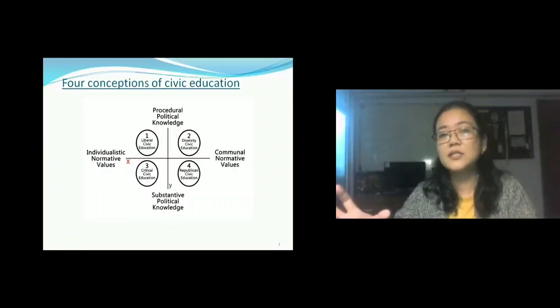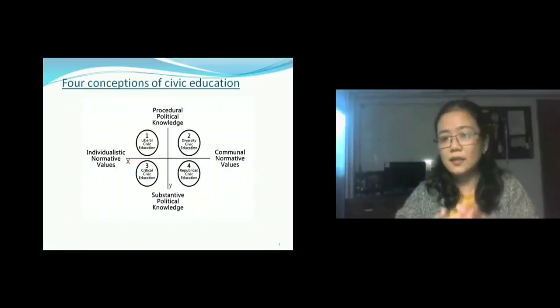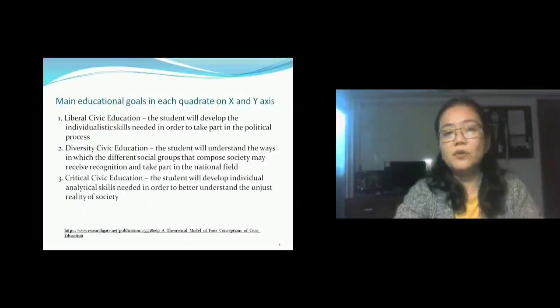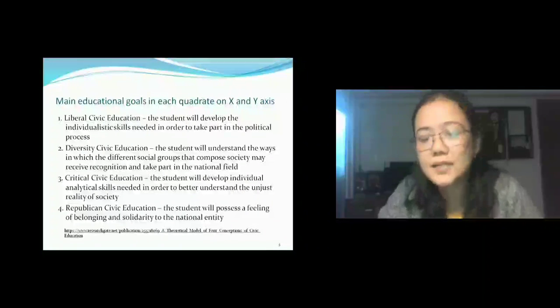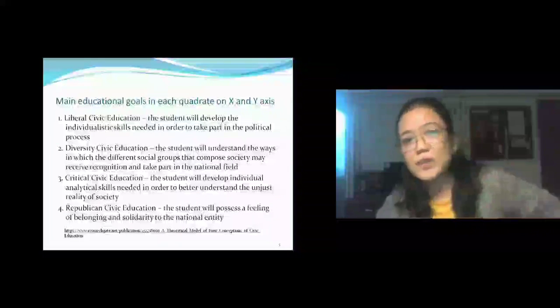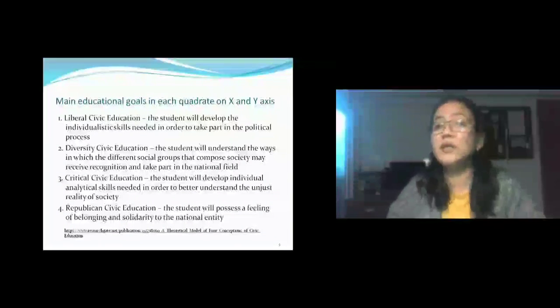So my discussion is based on these four theoretical frameworks. Because of that theory, we can see there are four different types of civic education, and each type has its own main goals.